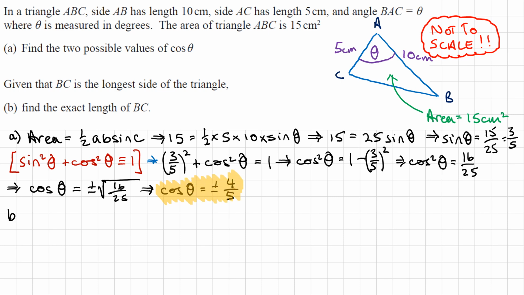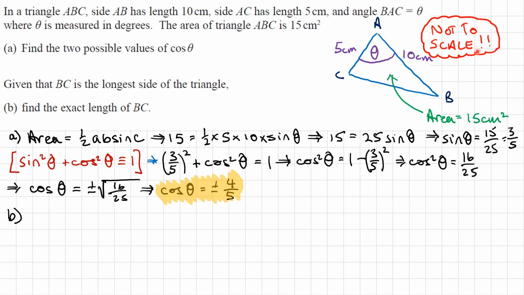Let's move on to part B. Given that BC is the longest side of the triangle, we want to find the exact length of BC. Now if BC is the longest side of the triangle, and the longest side of the triangle is always opposite the largest angle, so if I look here at my diagram, there's BC, longest side, this is the largest angle.